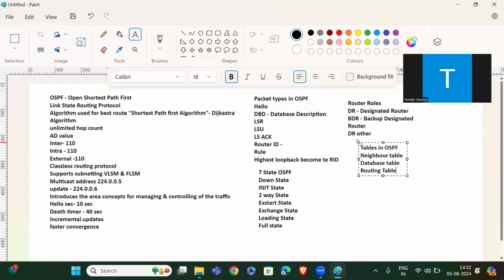Okay, so after these concepts we have link state advertisements. It is the message in OSPF.